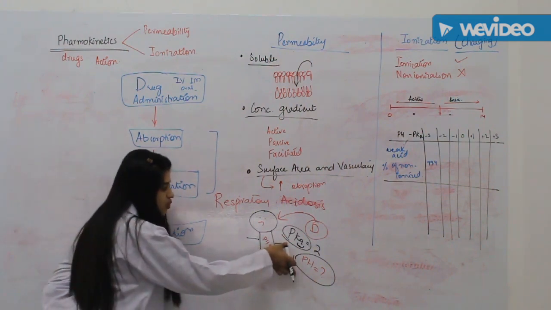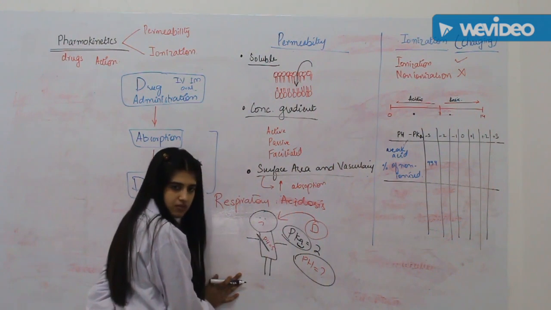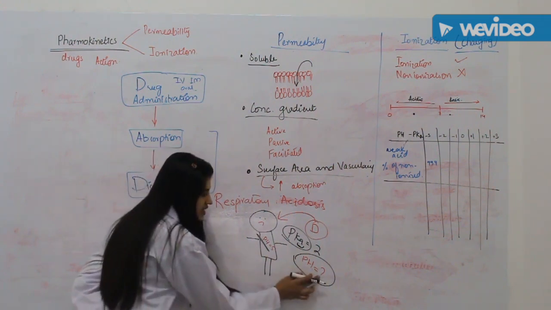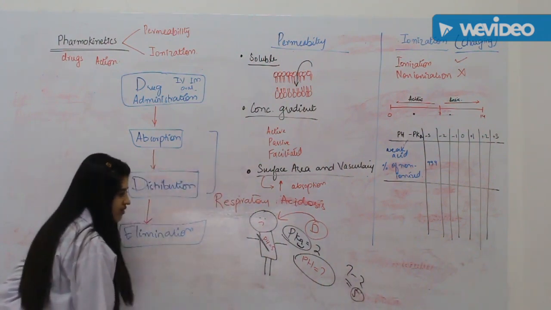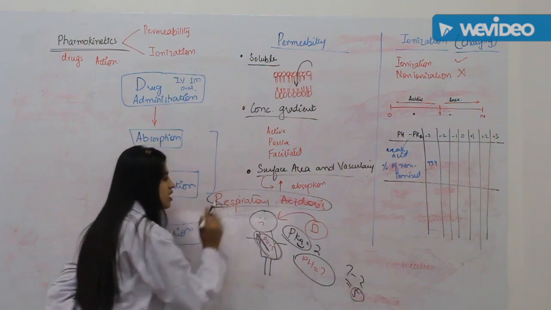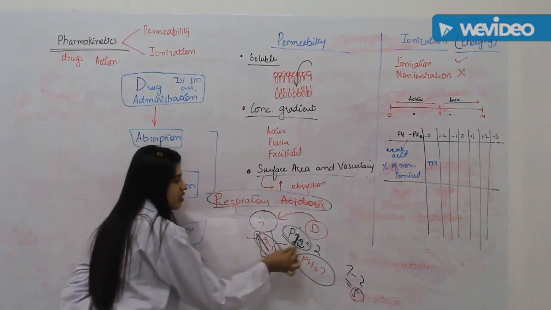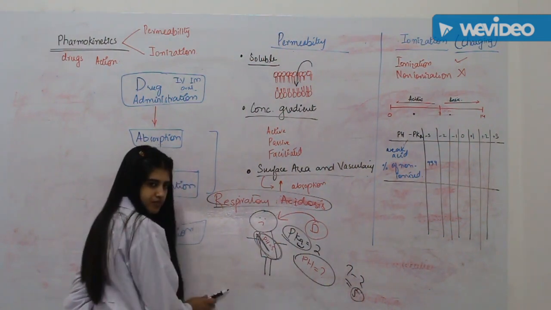So the difference will give us the equilibrium state. It's 7 minus 2 equals 5. So in this condition, respiratory acidosis, due to this disease, it has a pKa of 2.